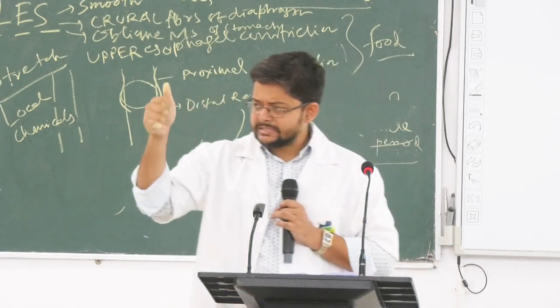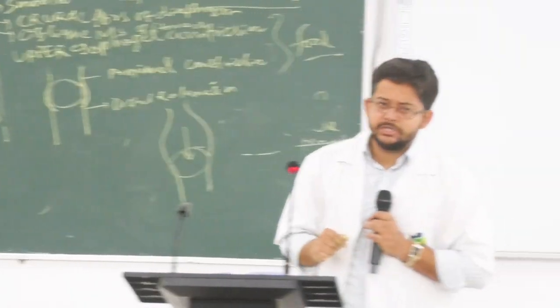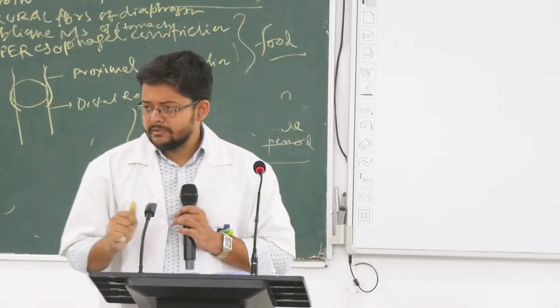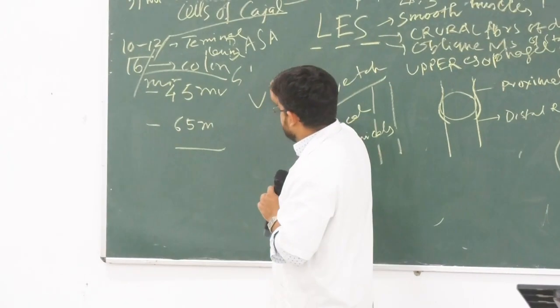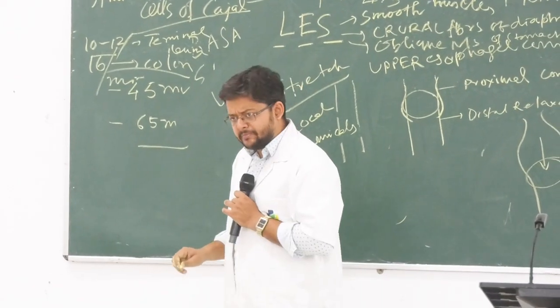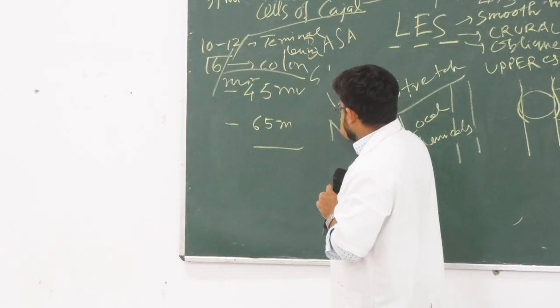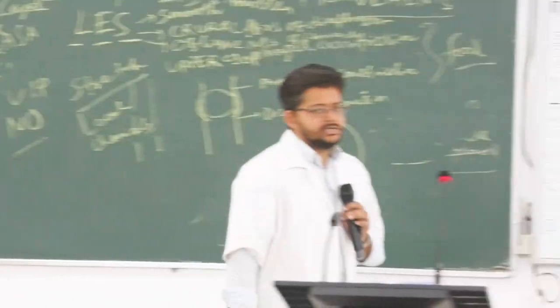Number 1, parasympathetic stimulation. Number 2 is VIP, vasoactive inhibitory peptide. If you know VIP, that is also okay. And third is NO. NO is nitric oxide.